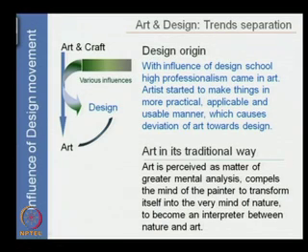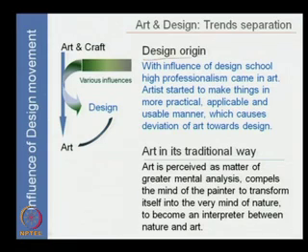Now, we can say that art and craft, with various influences, took two different routes. One became design for the masses, to satisfy mass users and for mass production, and art remained as masterpiece work.